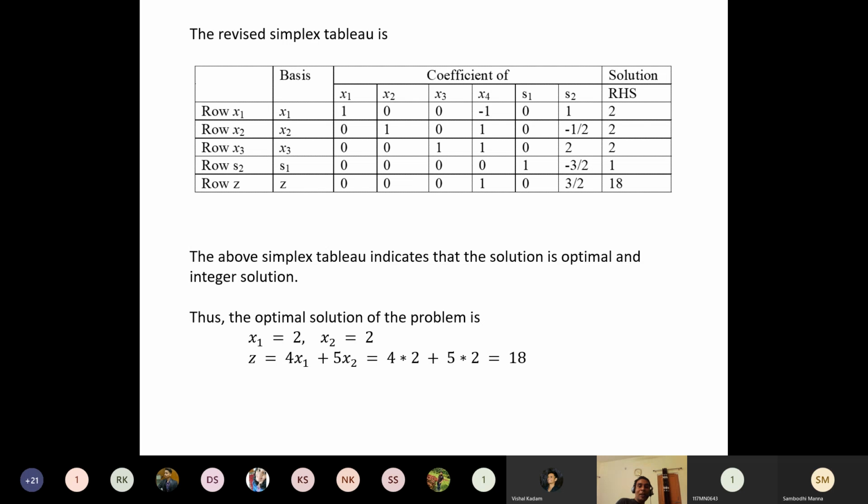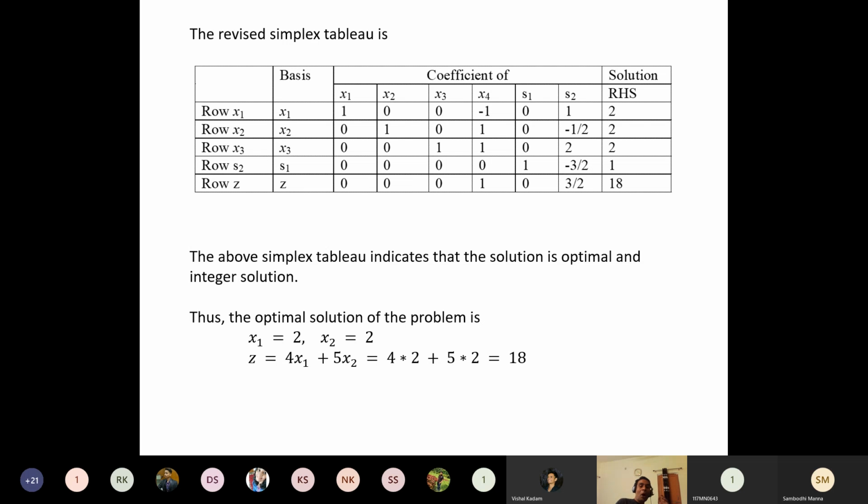So here this is an integer feasible optimal solution we have obtained, and the values are x1 is equal to 2, x2 is equal to 2, x3 is equal to 2, s1 is equal to 1, and z is equal to 18. So the optimal integer solution is, because our decision variables are only x1 and x2, z is equal to 4x1 plus 5x2 is equal to 18.